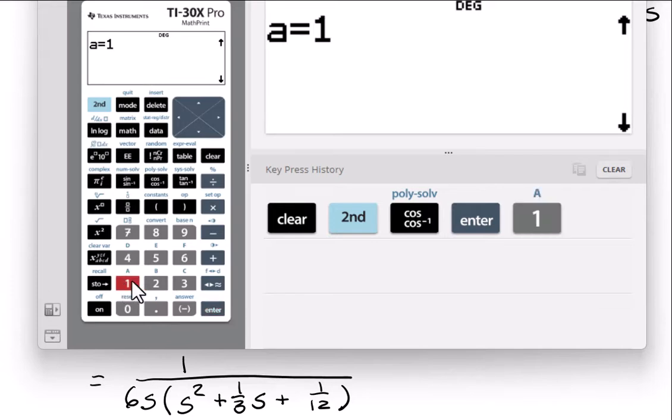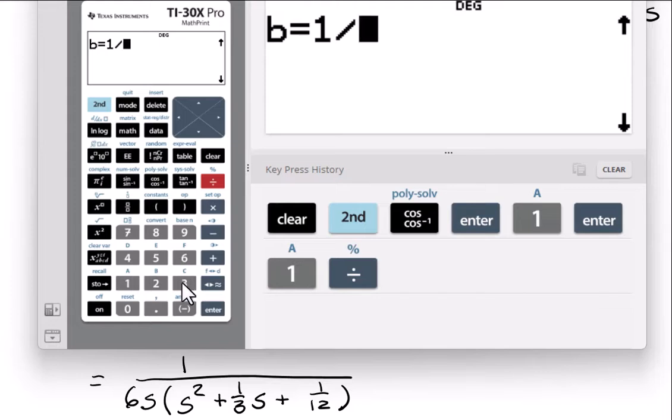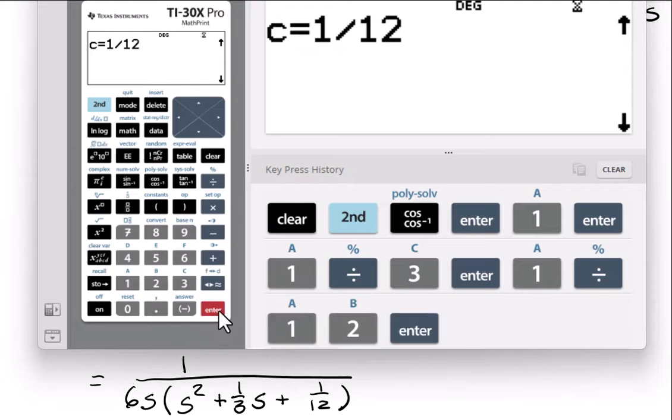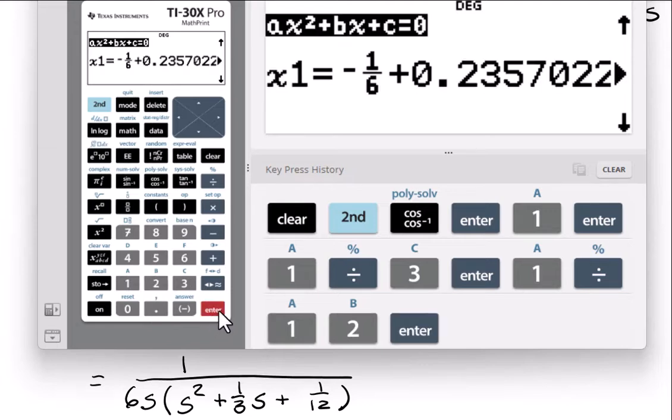And A is 1, B is 1/3, C is 1/12, and it gives me the answer in A plus BI form. So we want that in A plus JB form.